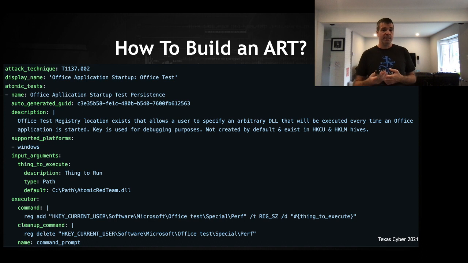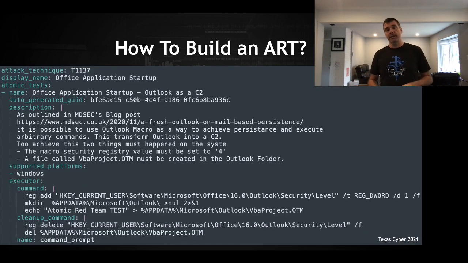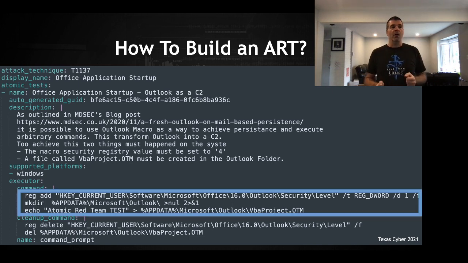This is an existing test that looks very much like the one that we want to create. I took this and this is what I created here. As you can see, I just had to change the attack technique ID, the name, and the description, which was very easy. And then right here is the command, or the core of the test.